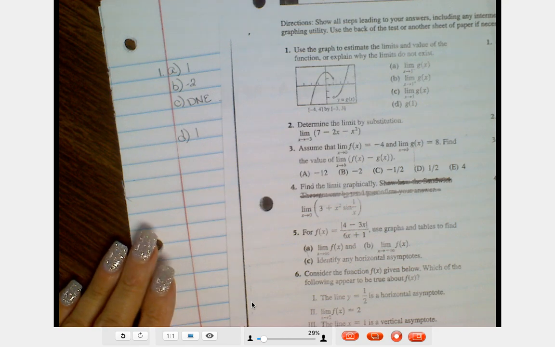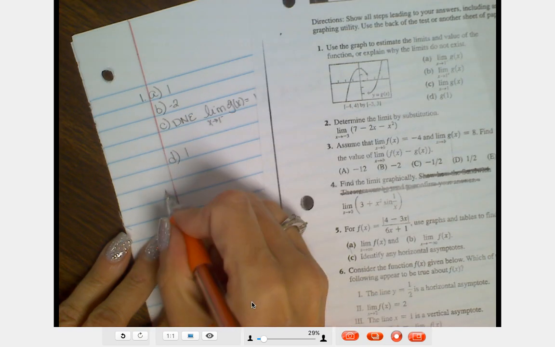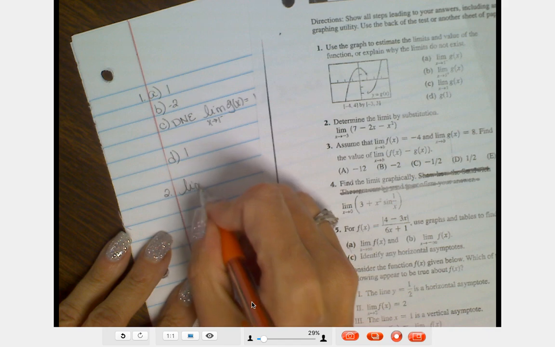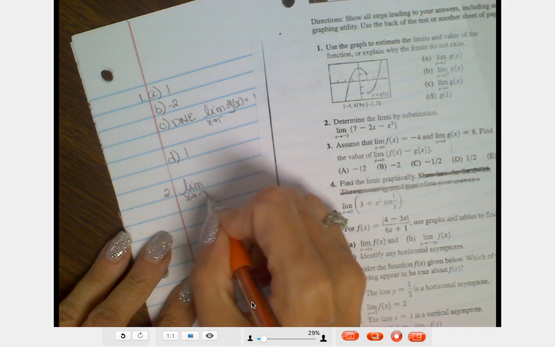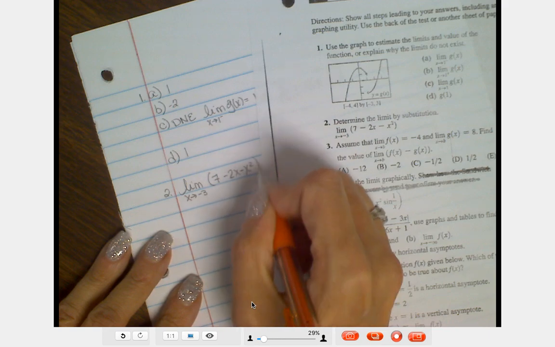Okay, and then I have you looking at number 2, and it says determine by substitution the limit as x approaches -3 of 7 minus 2x minus x squared.